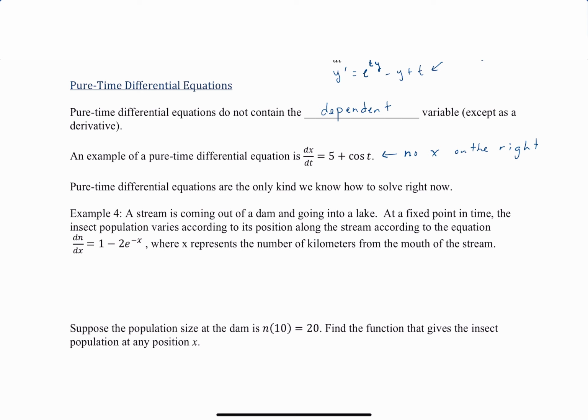At a fixed point in time, the insect population varies according to its position along the stream, according to the equation dN/dx equals 1 minus 2e to the negative x, where x represents the number of kilometers from the mouth of the stream. And I guess I should have also typed in, and N represents the size of the insect population. There's sort of a picture that goes along with that.